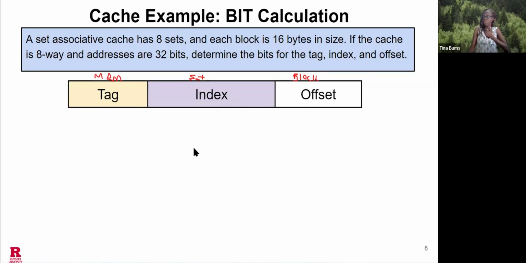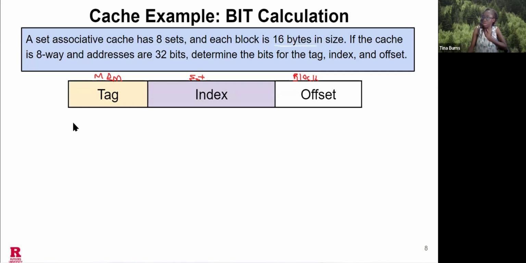So if each block is 16 bytes in size, that means this item right here is going to give me the first piece of information that I need for calculating this particular element, this 16 bytes right here.